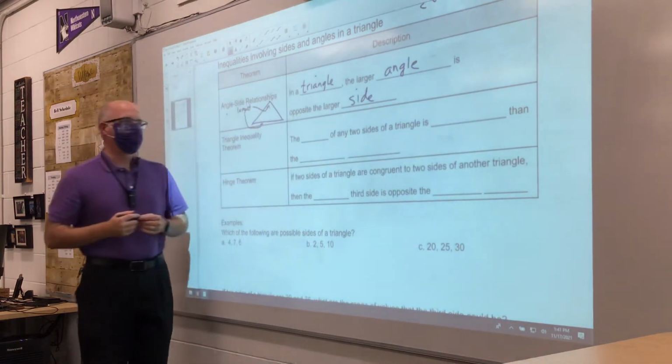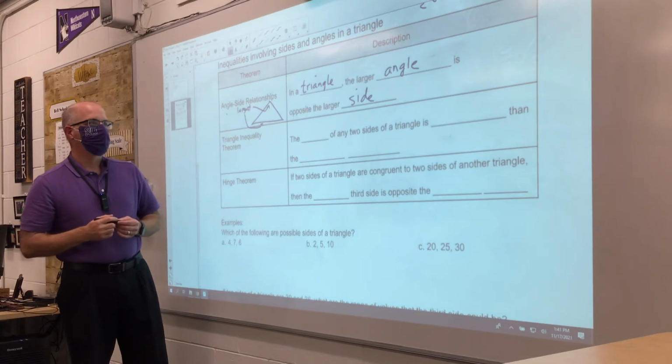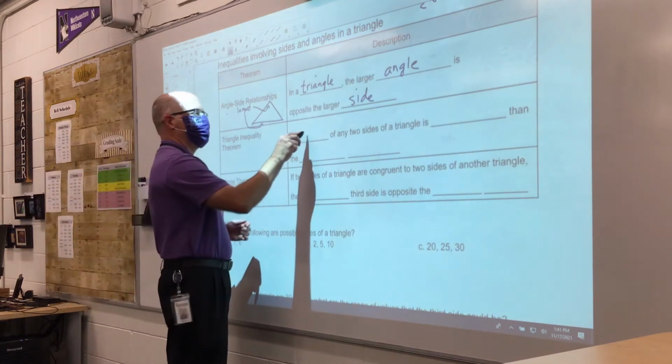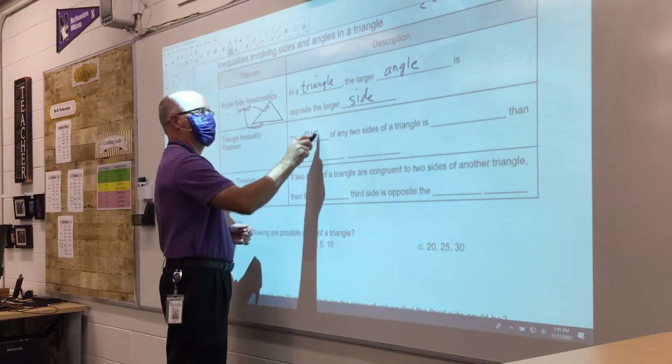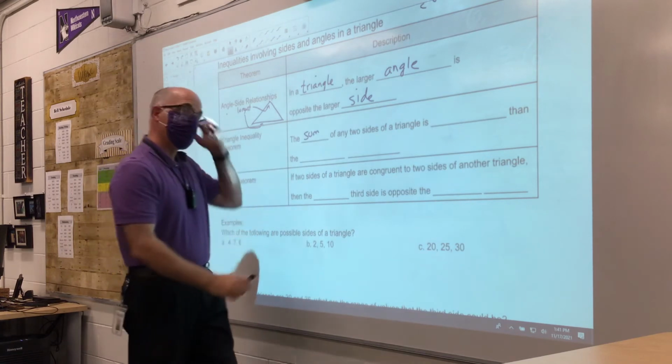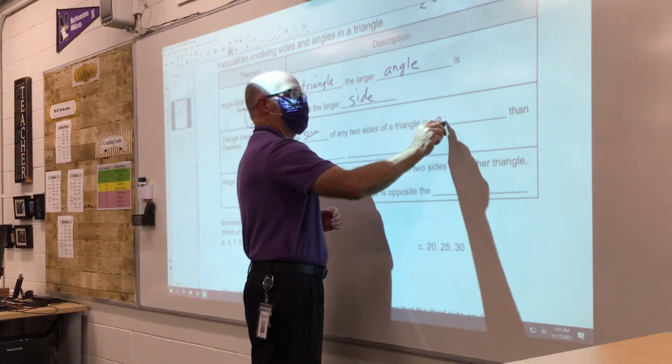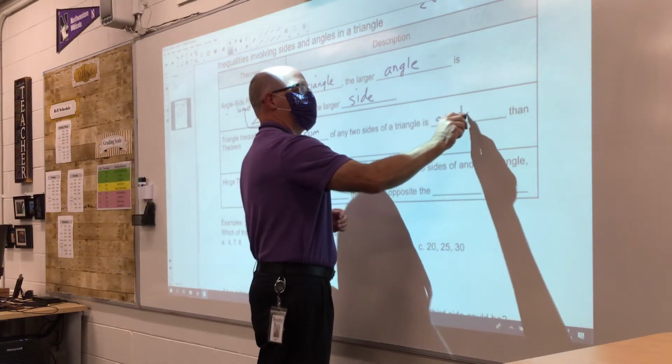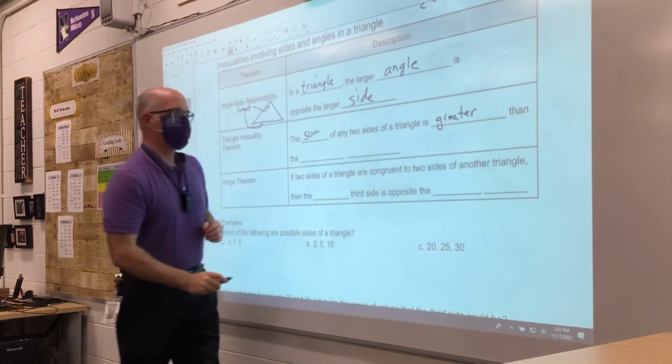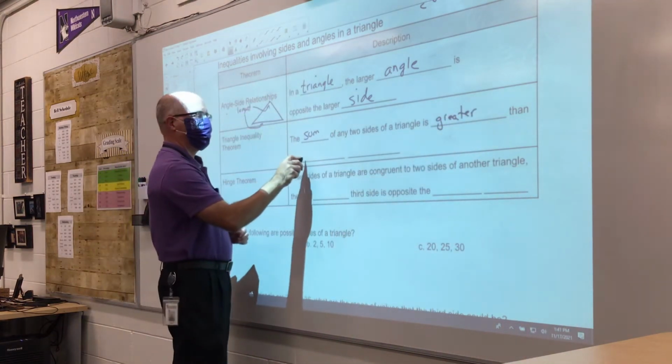Triangle inequality theorem. This is where you take the sum of any two sides of a triangle. It's greater than, so here's where we're using our inequalities, greater than the third side.